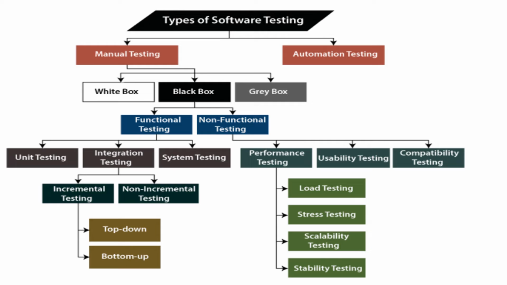And sanity testing is an overview testing of all the modules. We need to go into some more depth than smoke testing to check whether all the modules are suitable for testing or not. In that way sanity testing is used.